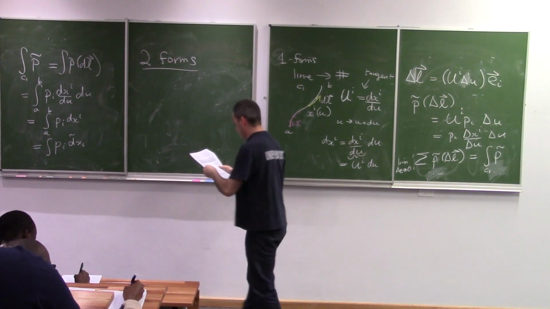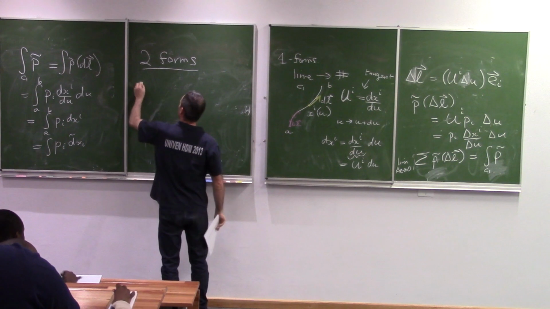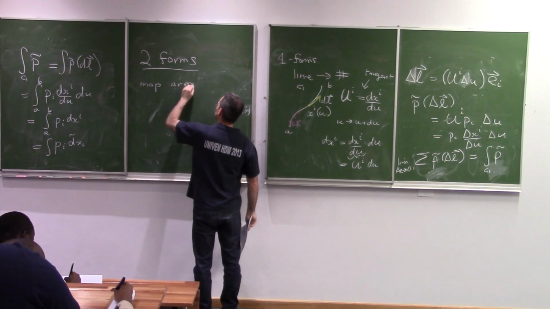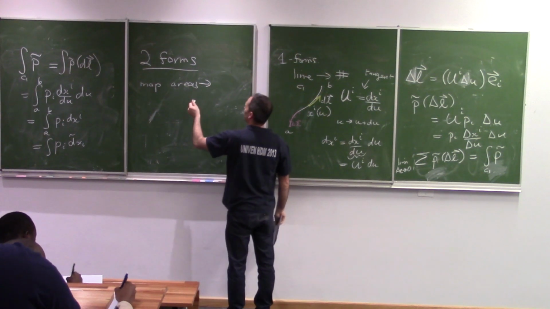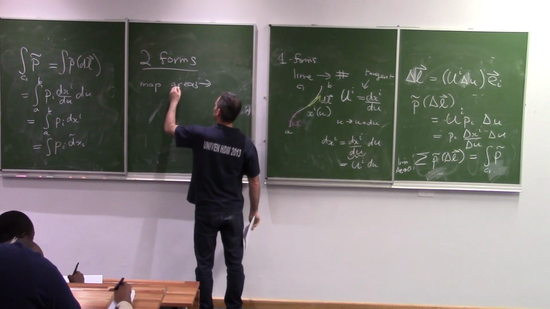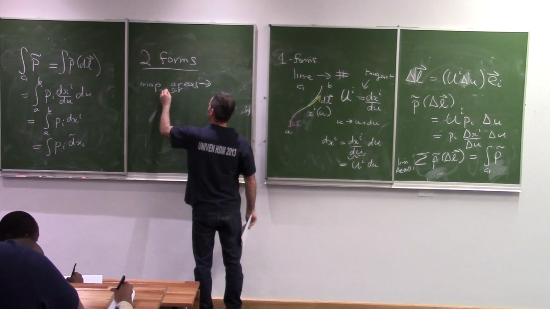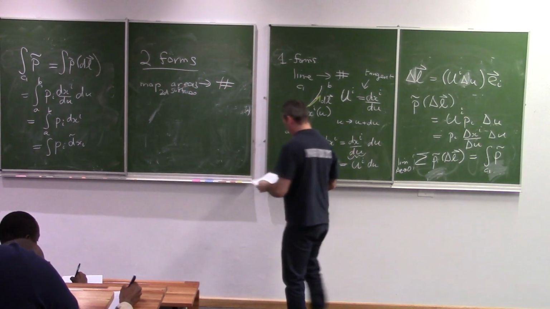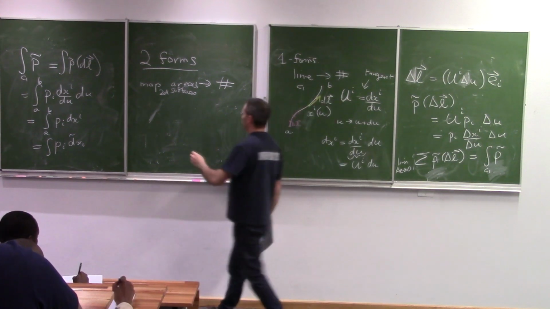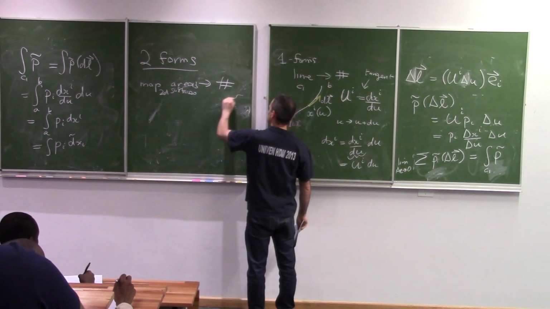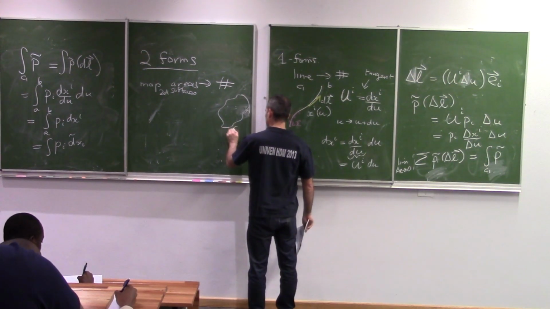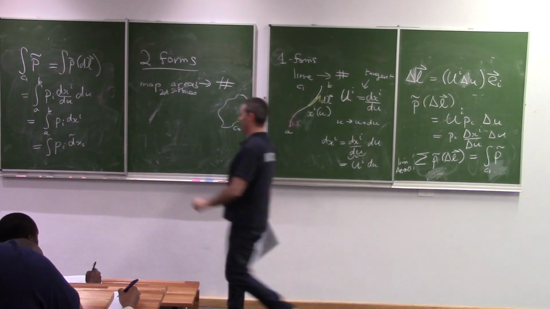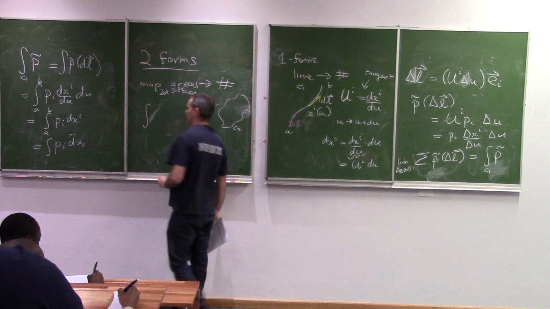Okay, so 2 forms, we're going to map areas or surfaces, 2D surfaces, to a number. And so let's say I have some surface or some 2-dimensional volume, which I'm going to call C2, and I'm going to use very similar notation.